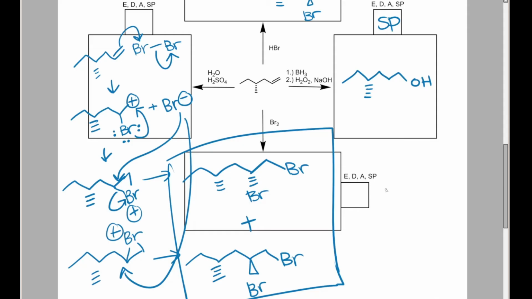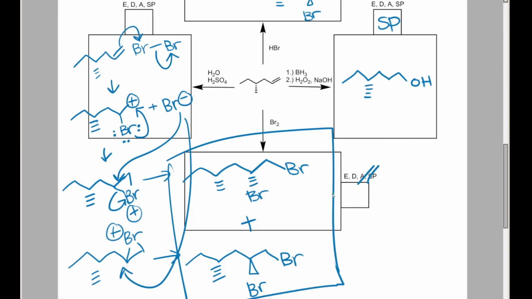But let's consider if they're enantiomers, diastereomers, achiral, or a chiral single product. So obviously it's not a single product, right? Because we have this bromine that is both wedged and dashed, so we can cross that off. It's not achiral because obviously we have a chiral center here and here, so we cross that off.